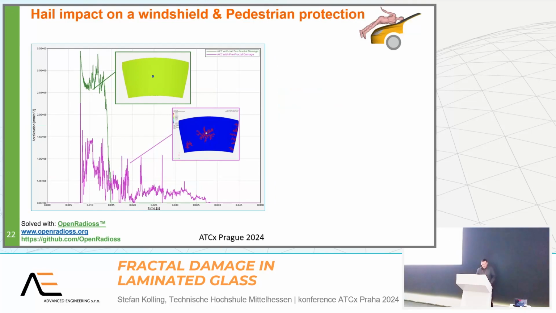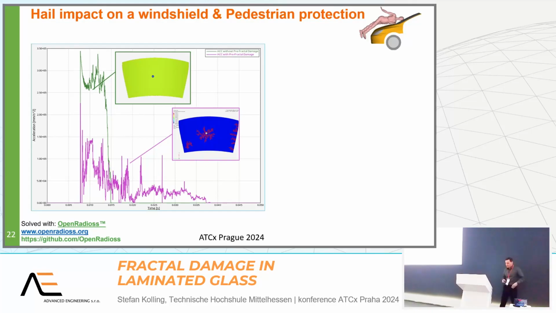So this is the acceleration curve. You see the upper one here, the green line, which is without damage, and the pink line is with damage.